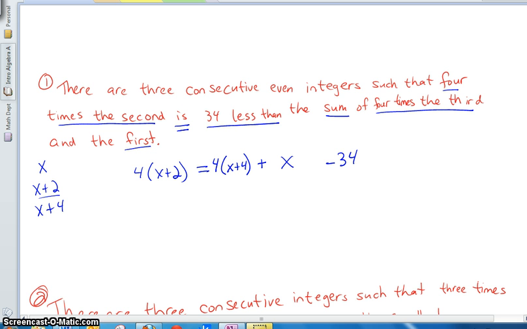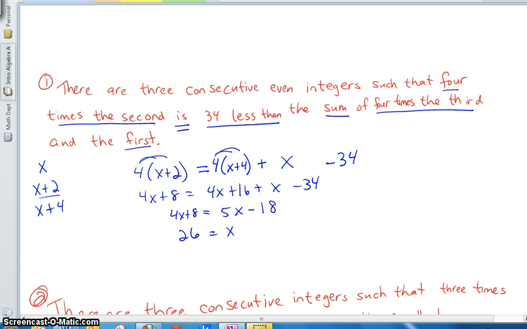Now I need to solve. Distribute. So I get x equals 26.